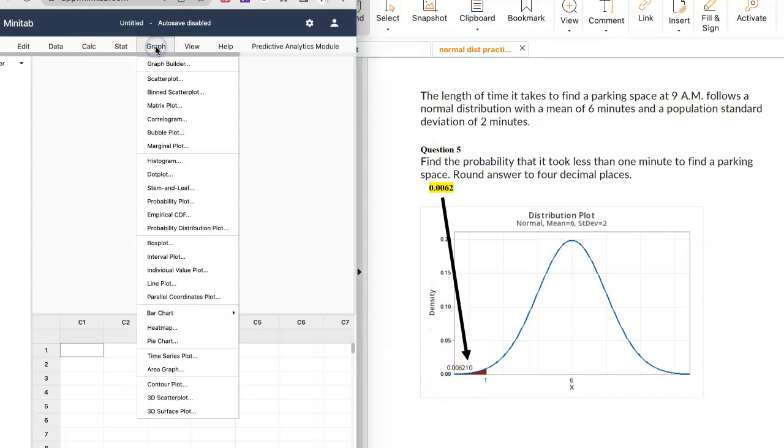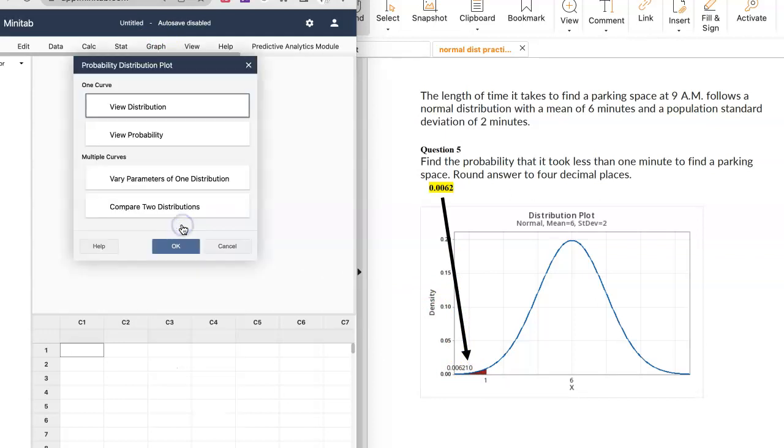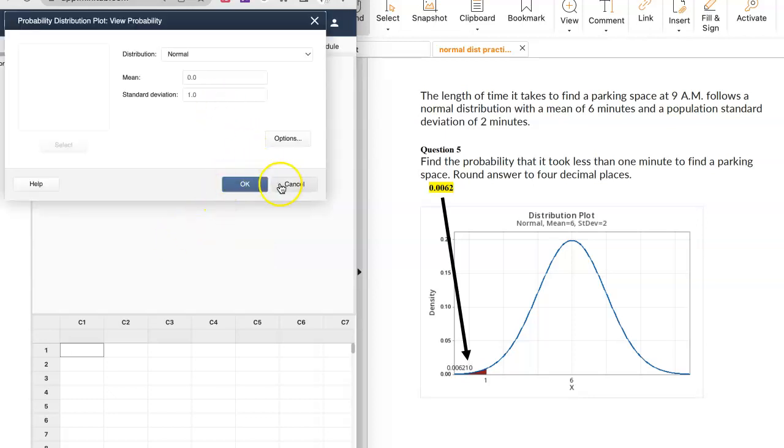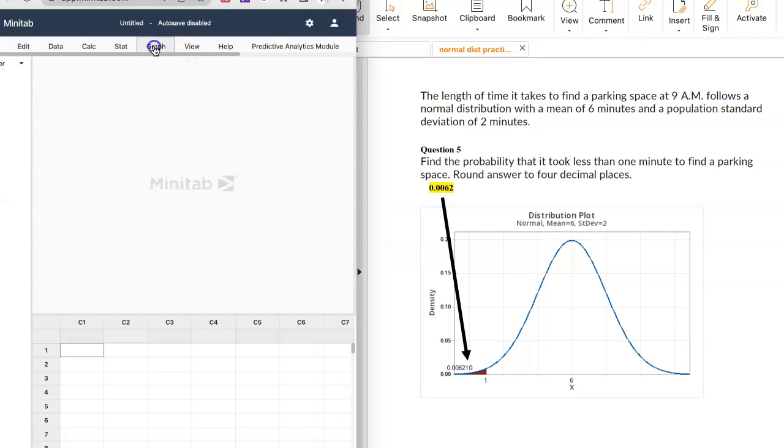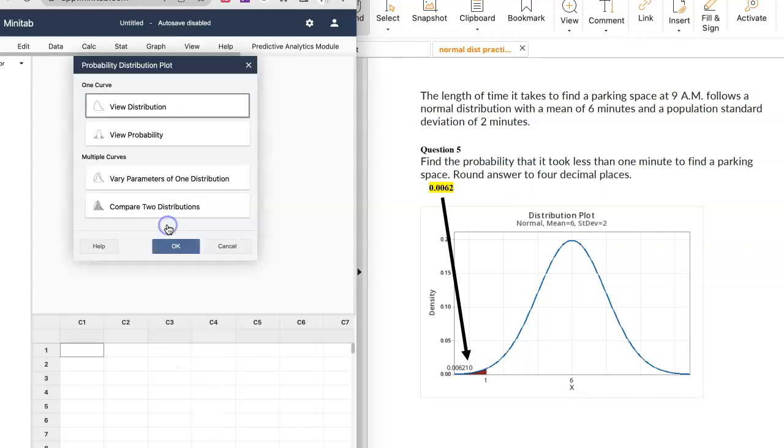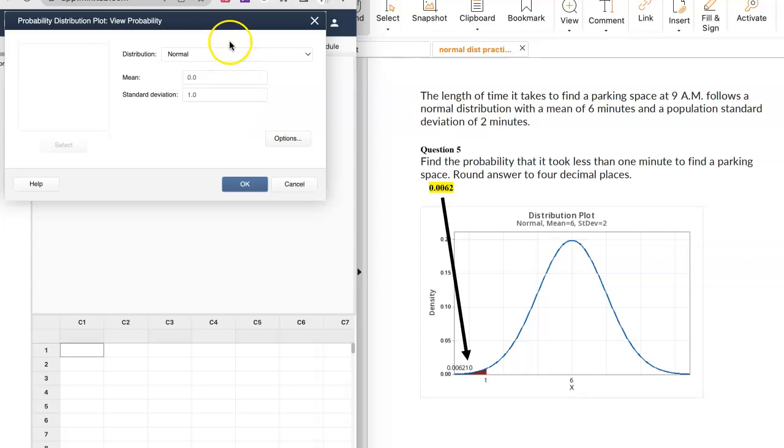What we have to do is go to Graph, Probability Distribution Plot, View Probability, and click OK. I'll do that one more time: Graph, Probability Distribution Plot, View Probability, and click OK. Choose Normal distribution, and then plug in your mean. It took an average of 6 minutes, and it was spread out by 2 minutes.